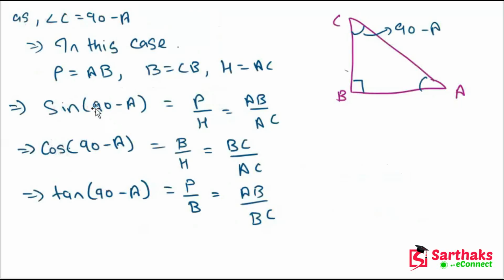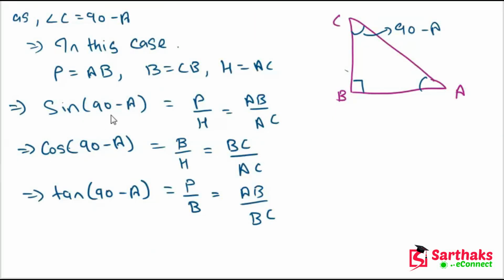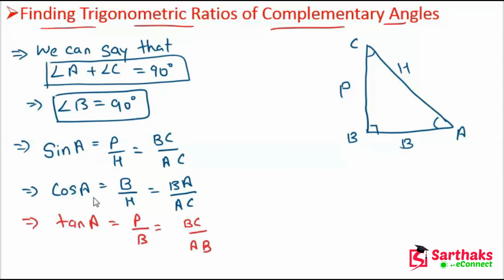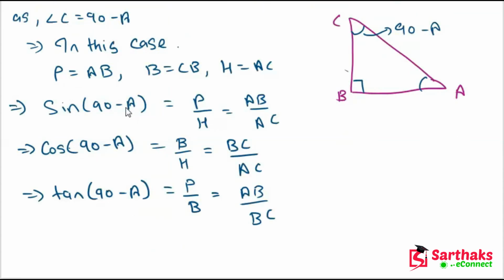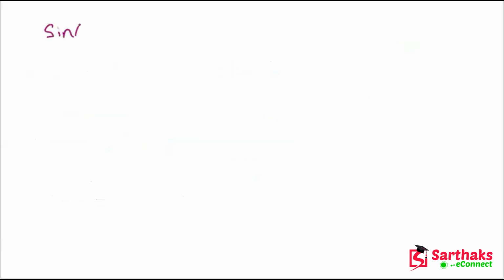Now my dear friends, compare this set of ratios with the ratios mentioned earlier. Sin 90 minus A is AB upon AC, and cos A is AB upon AC. So we can write sin 90 minus A is equal to cos A. This is a very important relation.